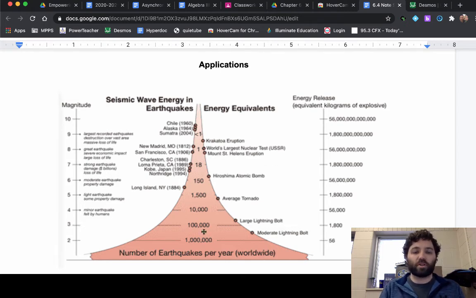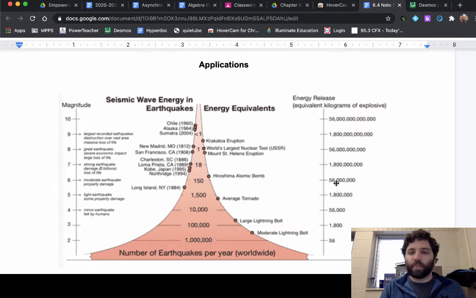So over here in this chart, we have the energy release of earthquakes at different magnitudes. So you might have heard things like a magnitude 7.0 earthquake, right? Well, those magnitudes are over here on the left. And what I want you to notice is if we look at 56 million here, 56 million kilograms of explosive equivalent, that is a magnitude of 6.